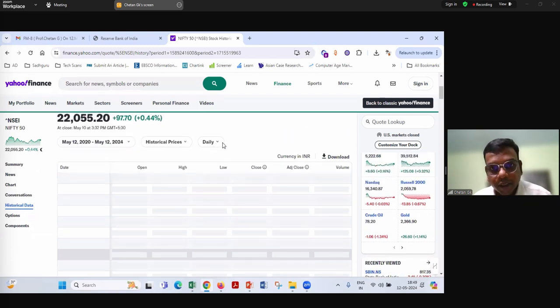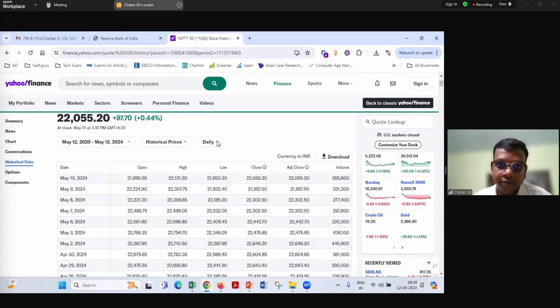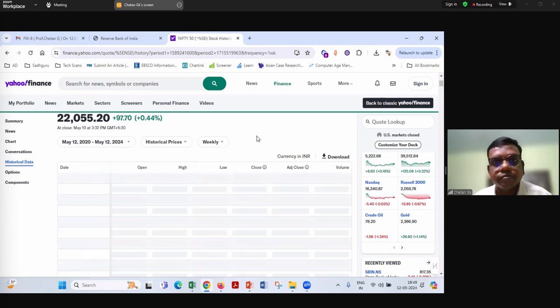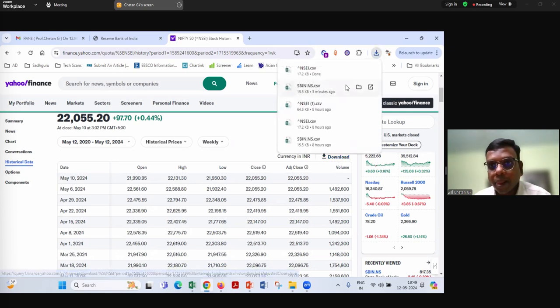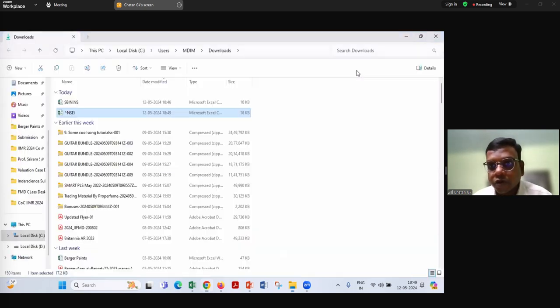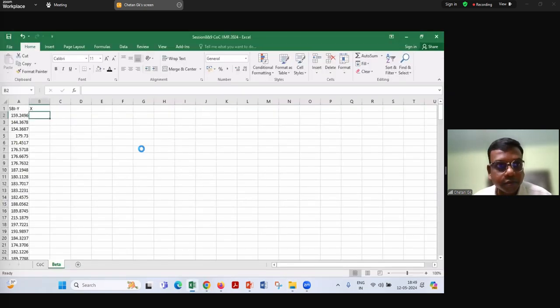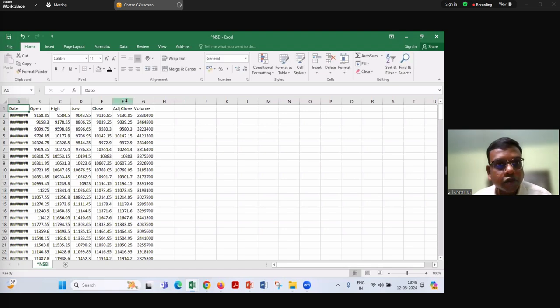So now I'll take weekly frequency. Both should be same. So now I click on download. So I have got adjusted close here.